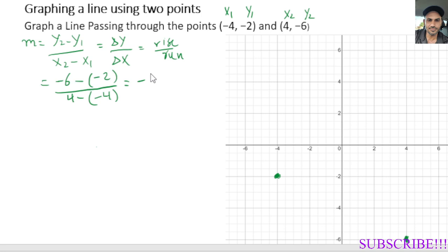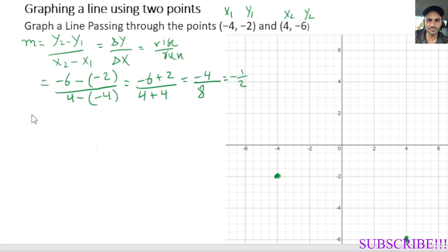We have -6, and a negative times negative becomes positive, so it's +2. Divided by 4, and negative times negative becomes positive, so it's +4. So we have -4 on the top when you add these two, and 8 in the denominator. And then you go ahead and simplify this, it becomes -1/2. So the slope is -1/2.